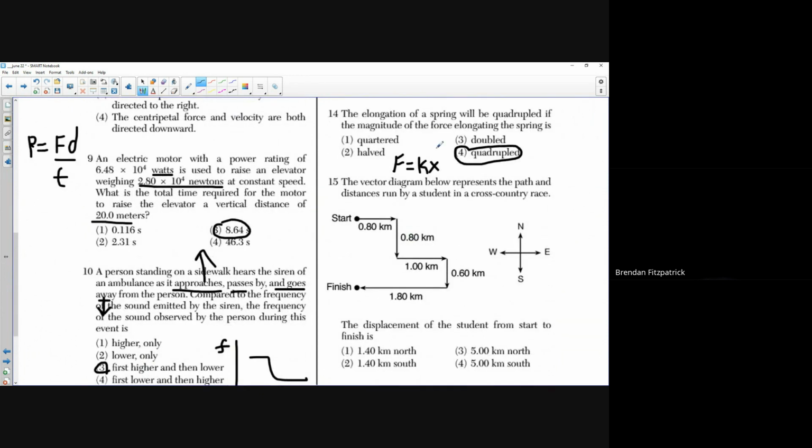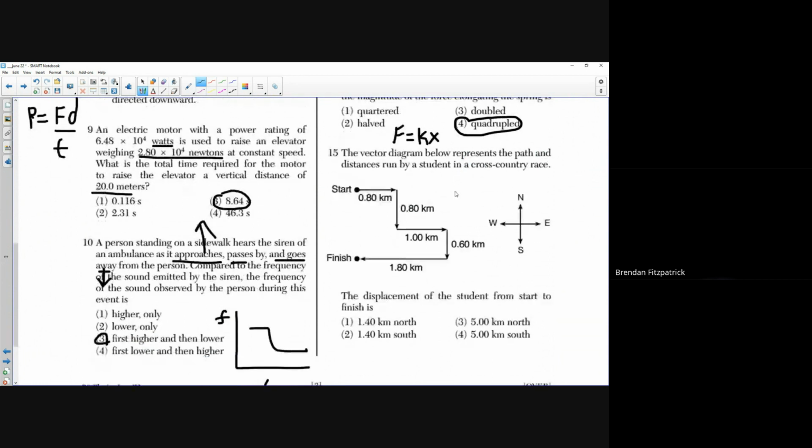And 14 is choice 4. 15, a vector diagram represents the distances run in a race, the displacement of the student from start to finish. Okay, so remember the displacement is just a vector pointing from start to finish. So this is the value that I'm looking for. And it's not horizontal at all.